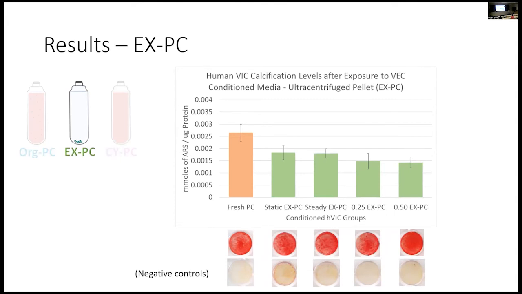In our second study with the exosome pellet, we see a general decrease of calcification when the cells were exposed to VEC communication, but there is no significant difference between any of these groups, even when compared to the fresh.